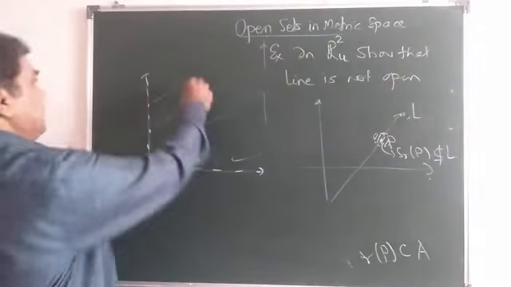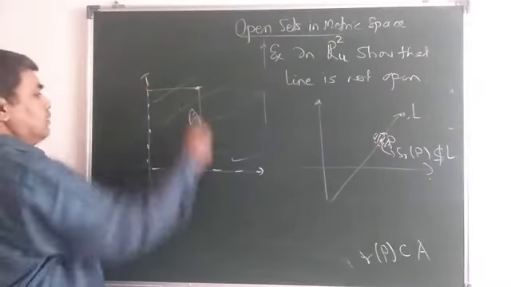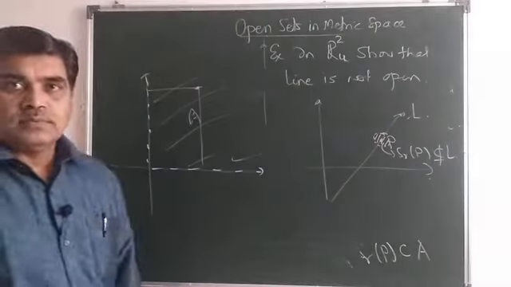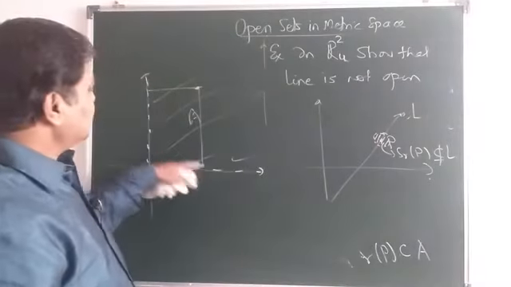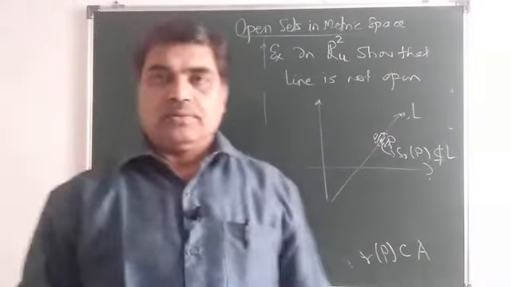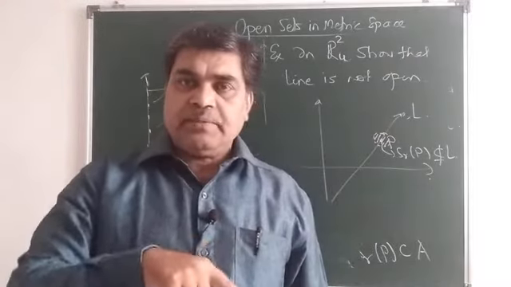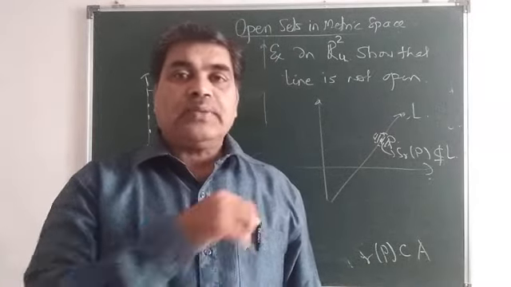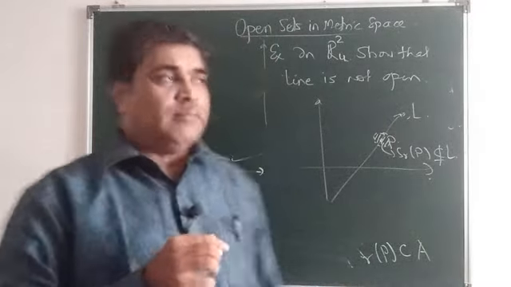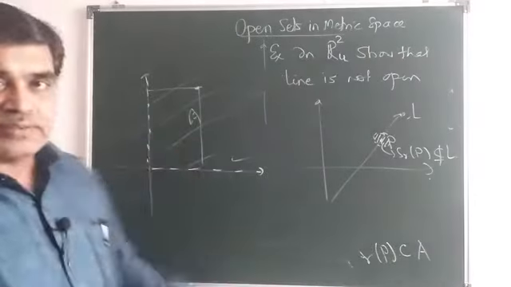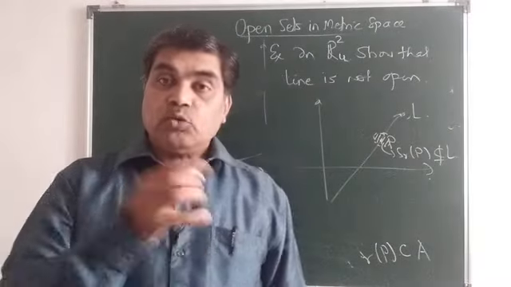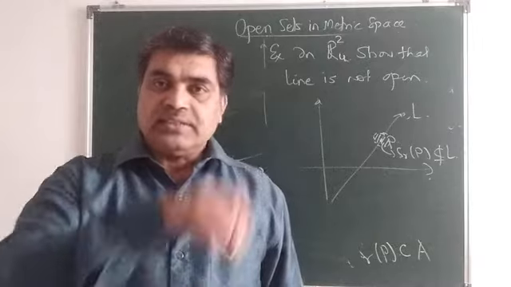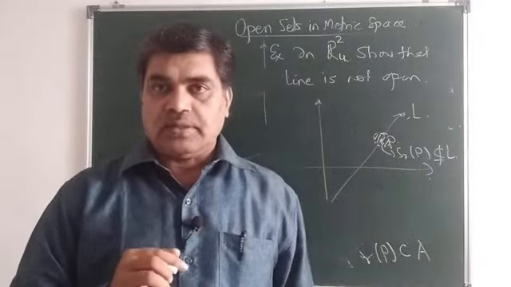Whatever your point may be, I'll take its distance from the y-axis and its distance from the x-axis, and find which is the minimum among them. If I take the open sphere about that point with that radius, the minimum of these two distances, then that open sphere must lie inside the first quadrant.